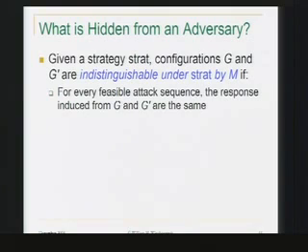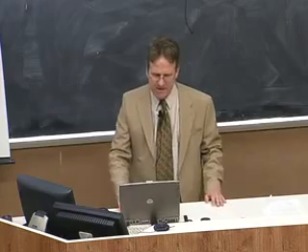So for a given strategy, two configurations, G and G prime, are indistinguishable using that strategy with M if for every feasible attack sequence, the response induced from G and G prime are the same. Okay, so that's how we formalize the idea that all the attacker can see is your negotiation interaction.